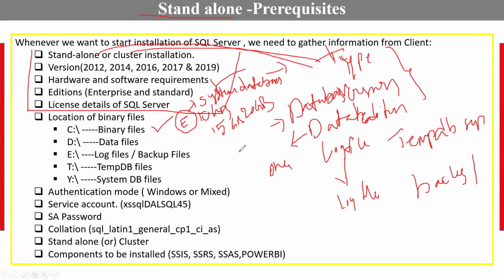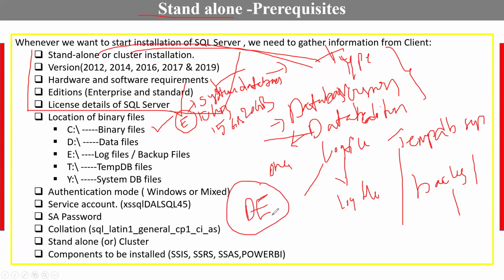So you are going to create the E drive for binary files and system databases, one drive for data files, one for log files, one for TempDB, and a separate drive for backup. So 1, 2, 3, 4, 5: totally 5 disks you are suggesting to store your data for the database engine.